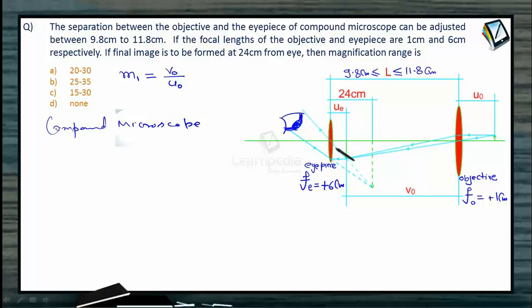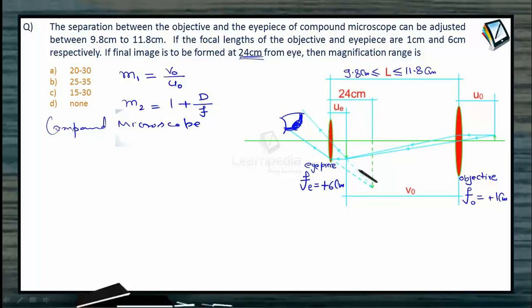The magnification of the eyepiece, M2, is equal to 1 plus D divided by F, where D is the least distance for clear vision, which is 24 centimeter in this case, because the maximum possible magnification is achieved when the final image is at a distance of 24 or 25 centimeter from the eye.